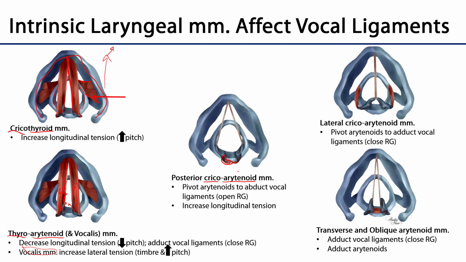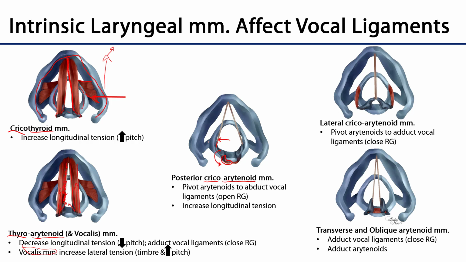And what they do when they contract is they're going to outwardly pivot the vocal process of the arytenoid cartilage. And when they outwardly pivot that vocal process of the arytenoid cartilage, the vocal folds abduct, and thus we maximally open the rima glottis. By doing this, we're also increasing the longitudinal tension ever so slightly, so this can elevate pitch slightly.